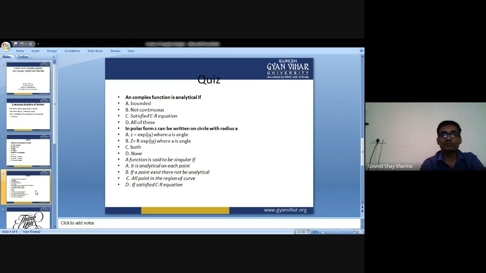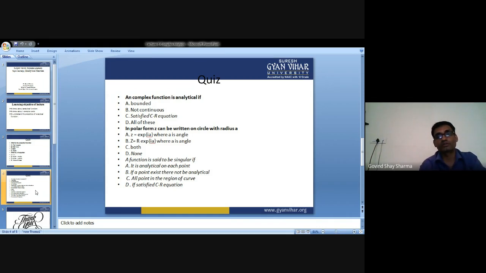A complex function is analytical if it satisfies the CR equation. When it is analytical, then it satisfies the CR equation.